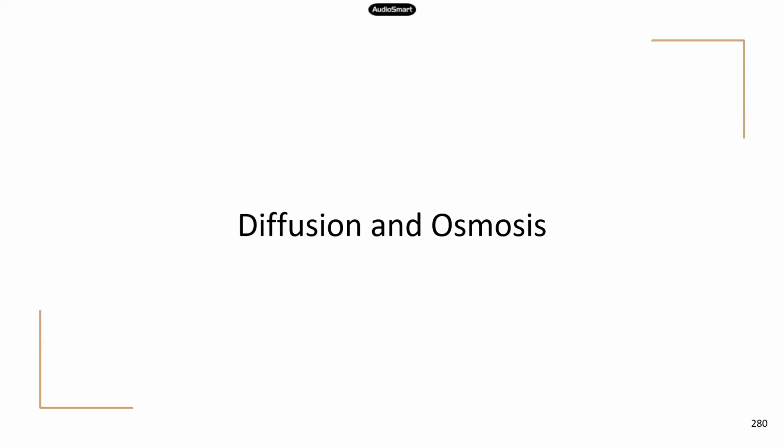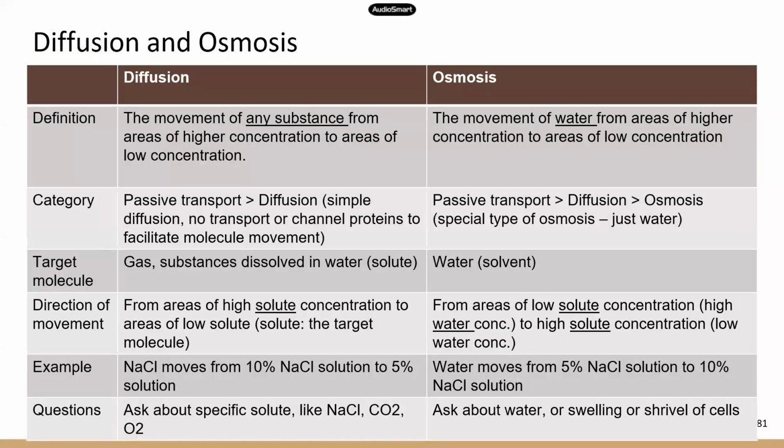Now let's get started. I made this table to help you compare and contrast diffusion and osmosis. For definition, you can see diffusion is really about any substances, right? It's about the movement of these substances from areas of higher concentration to areas of low concentration.